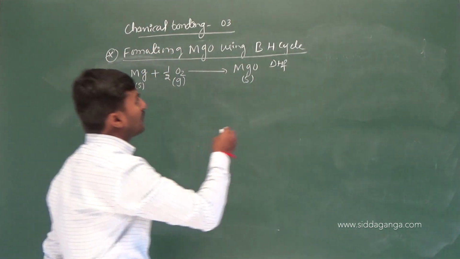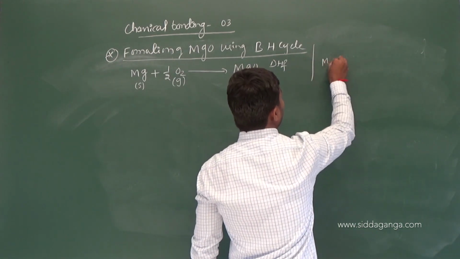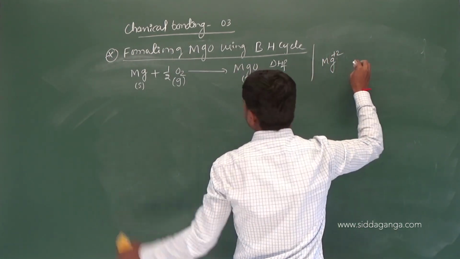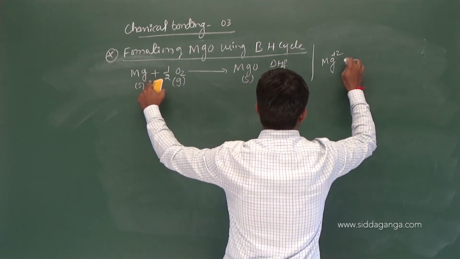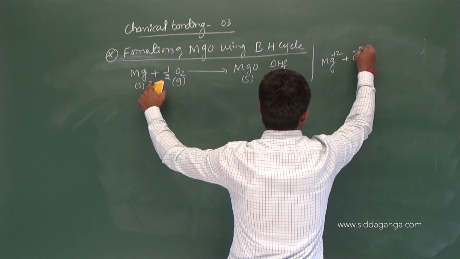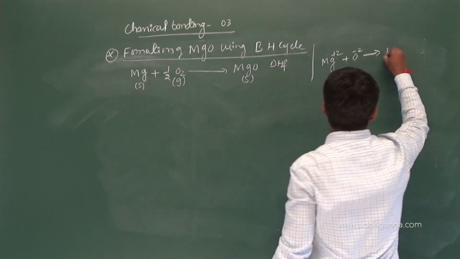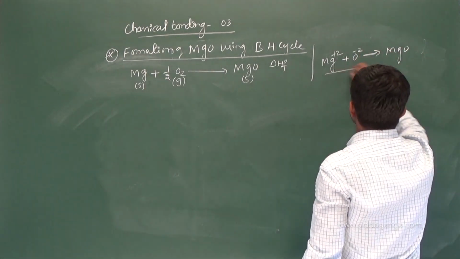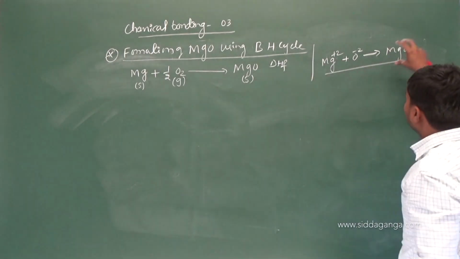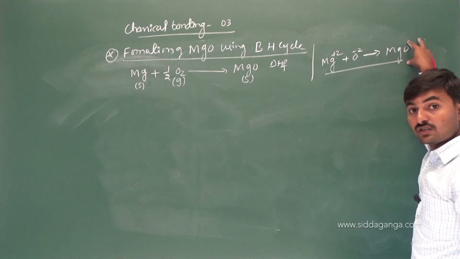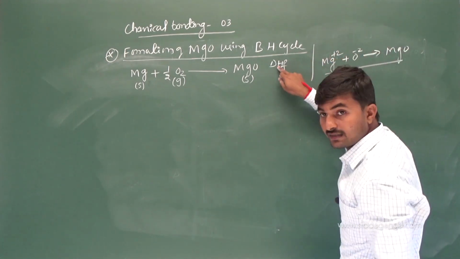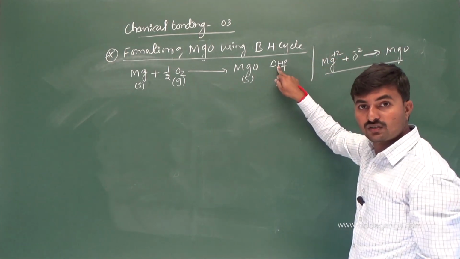Our required equation is Mg plus 2, that is, magnesium tends to lose how many electrons? 2 electrons. Then those 2 electrons are gained by the oxygen atom, and finally they become MgO. This is our required equation, and the energy released during this reaction we call lattice energy, and the energy released during the formation reaction is called enthalpy of formation, right?